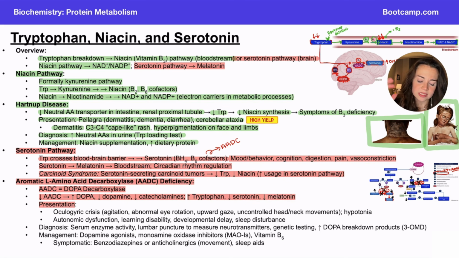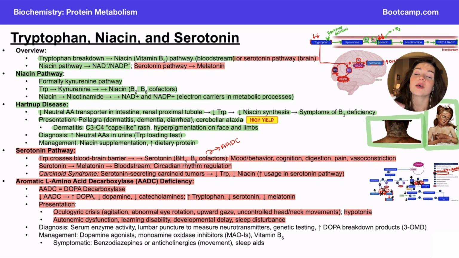So presentation-wise, some of the things we might see are oculogyric crisis, which is characterized by agitation, abnormal eye rotation, upward gaze, uncontrolled head and neck movements, as well as hypotonia. You might also see autonomic dysfunction, learning disability, developmental delay, and sleep disturbance because of all of those different missing neurotransmitters.